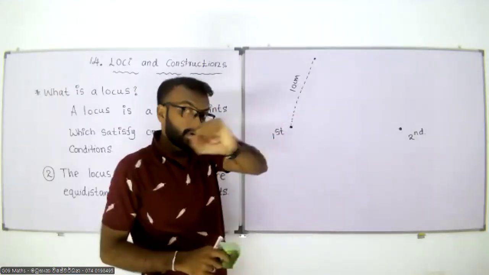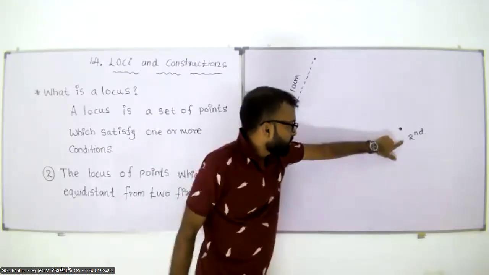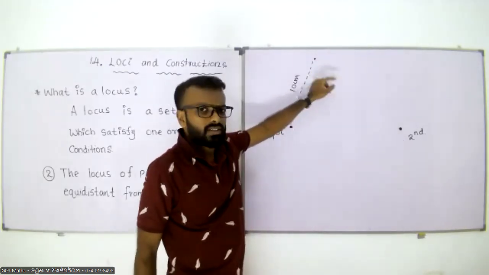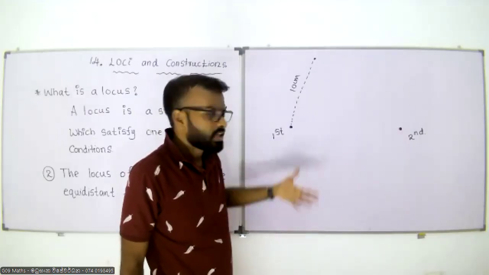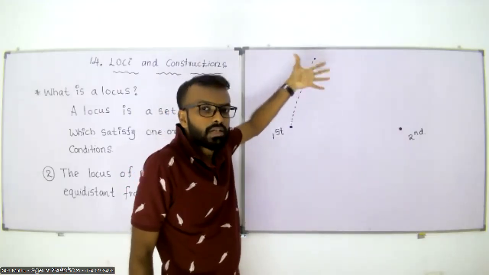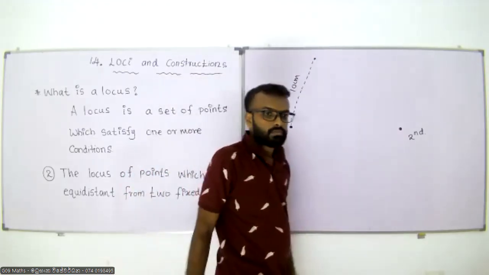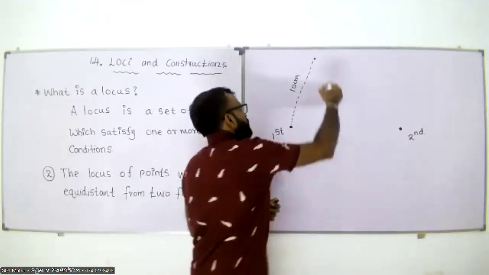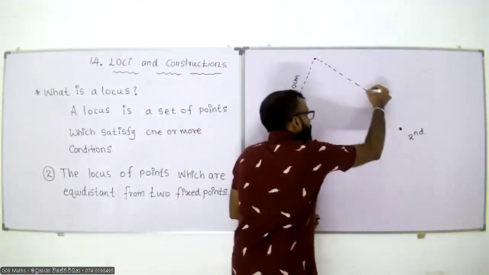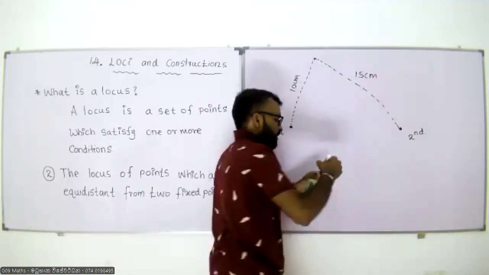And I am going to measure the distance between the second fixed point and this point. Can it be 10 centimeters by looking at the figure? Can you guess? Is it less than 10 or more than 10? More than 10, yes. This is like 15 centimeters or something.